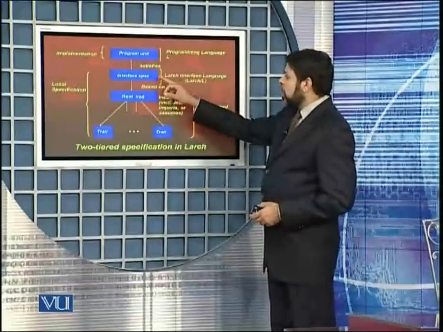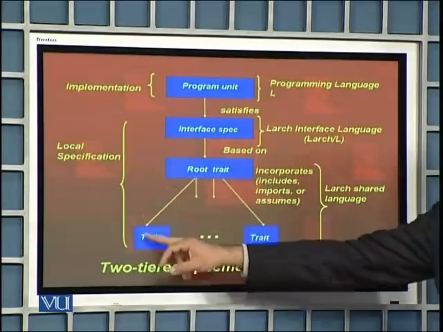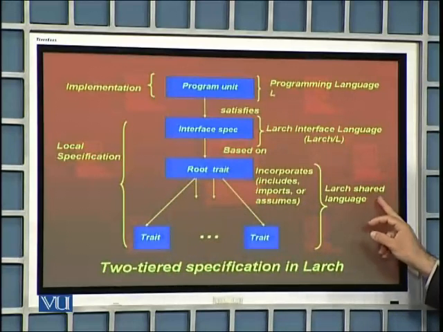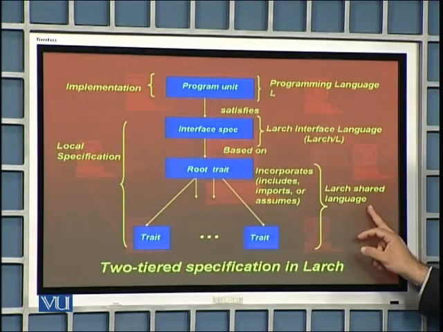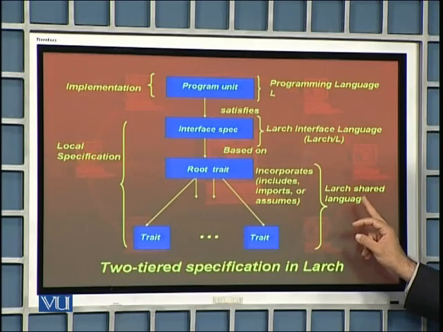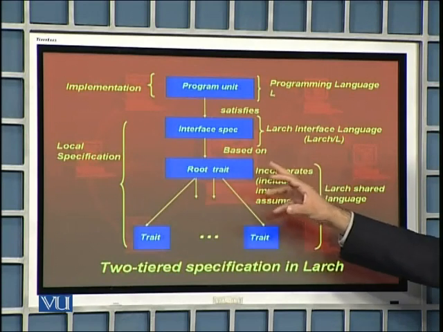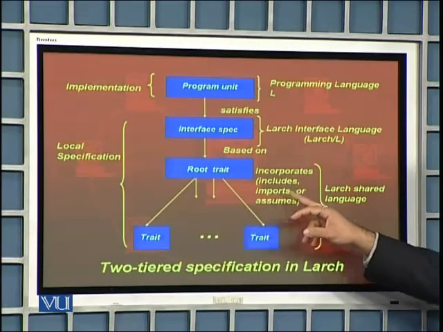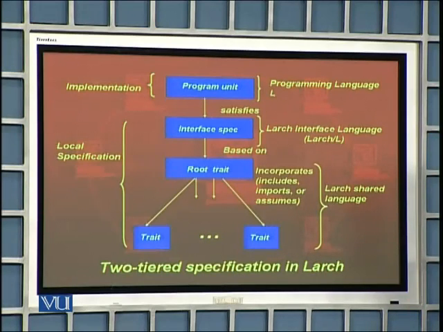So in Larch, we have one set of specifications. This is known as the Larch Shared Language. This Larch Shared Language incorporates all the specifications, which includes imports and sorts and so on and so forth.